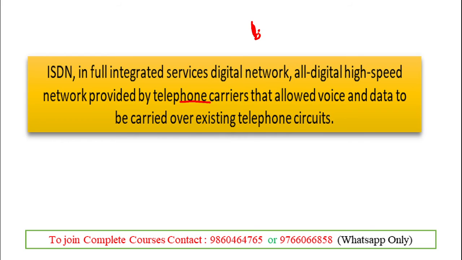For example, BSNL, which is a telephone carrier, full form Bharat Sanchar Nigam Limited, allows voice and data in a high speed digital network. Okay, so that's the full form of ISDN, meaning Integrated Services Digital Network.